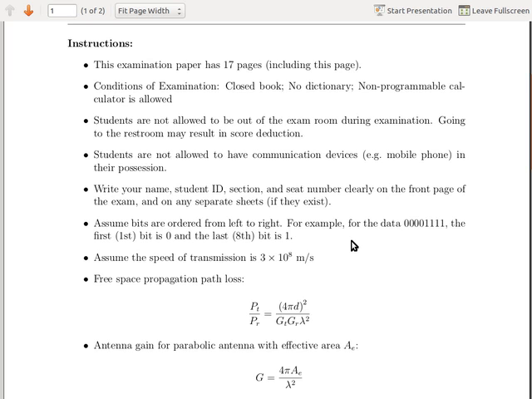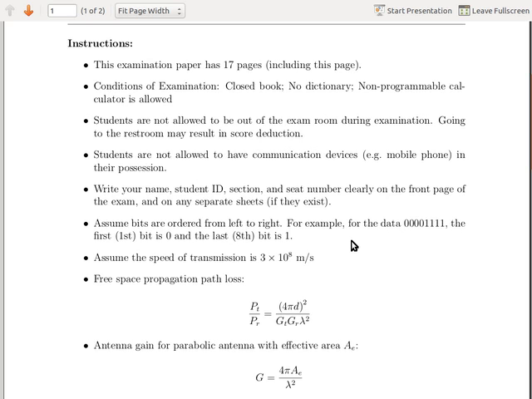The antenna gain for a parabolic antenna, or in fact for any antenna, is given. Note that the area, AE, is the effective area. So it's not the physical area. If we have a circle, you can calculate the area, pi r squared. But the effective area is often a fraction of the physical area.